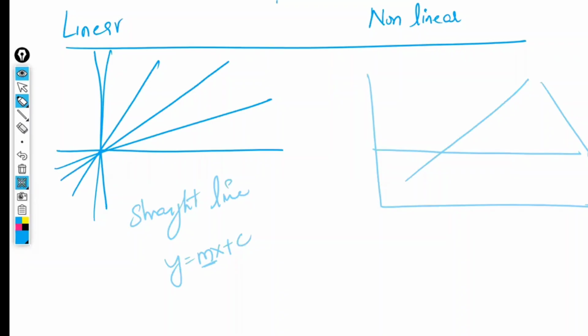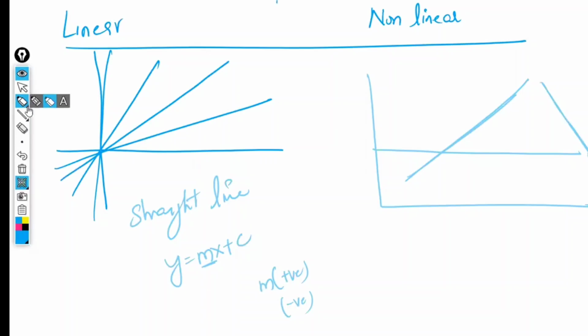Direction changes. Slope is positive or slope is negative, but some slope is there. That slope is called m. The m value can be either positive or negative. If the slope is positive, the straight line will be like this. If the slope is negative, the straight line will be like this. This is the down slope, and this is the up slope.